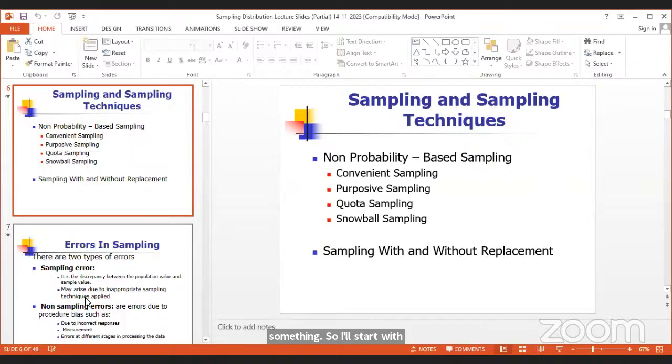Now, convenience sampling is a non-probability based sampling in which the sample is selected from the population where the researcher has access. So it is accessibility that determines convenience sampling. When you have access, you select because you have access. That is convenience sampling.